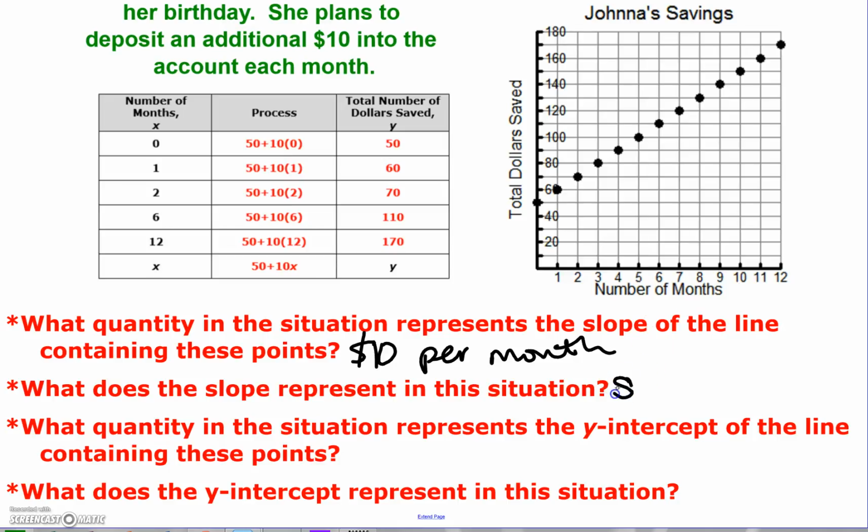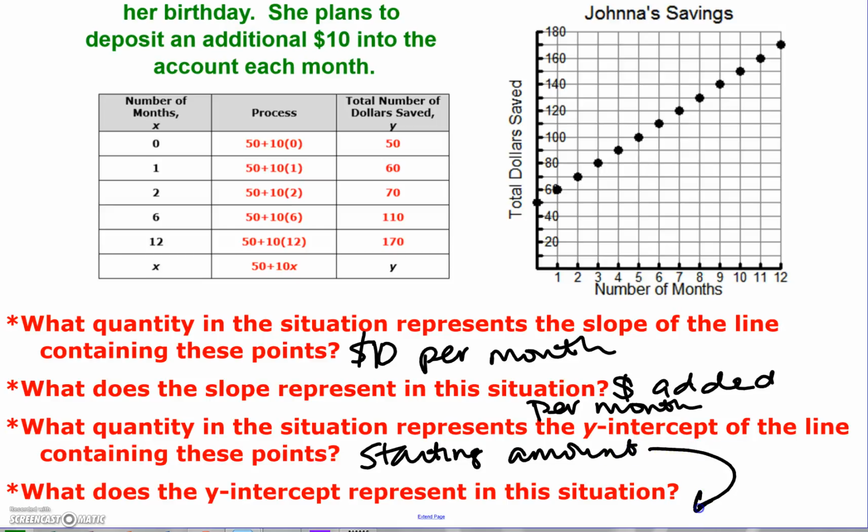The amount of money added per month. What quantity in the situation represents the y-intercept? The starting amount, and the amount is $50.